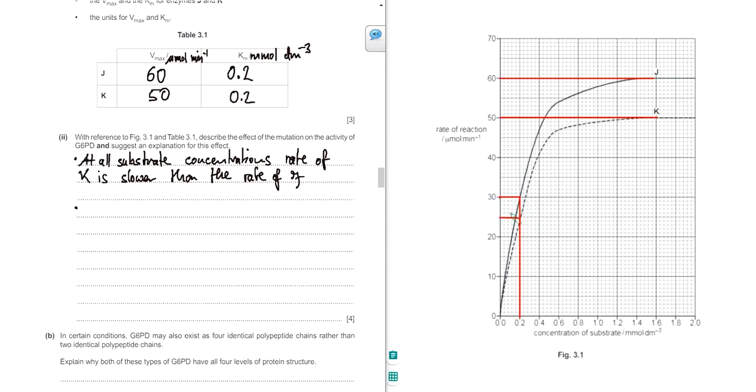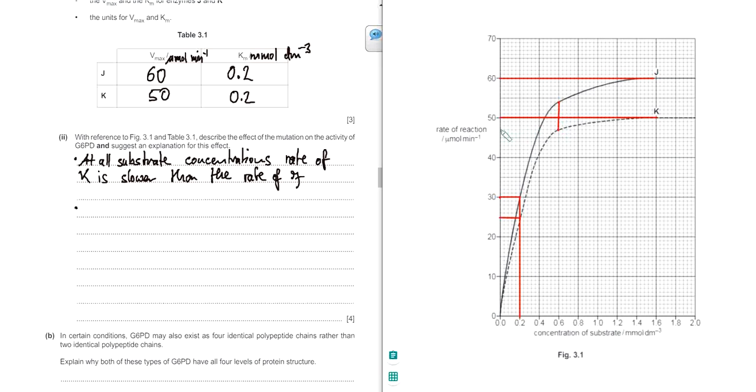So we have a difference of 5 micromoles per minute here. If we go further up in the concentration of the substrate, for example to 0.6, we can see that our difference in rate of reaction has increased.